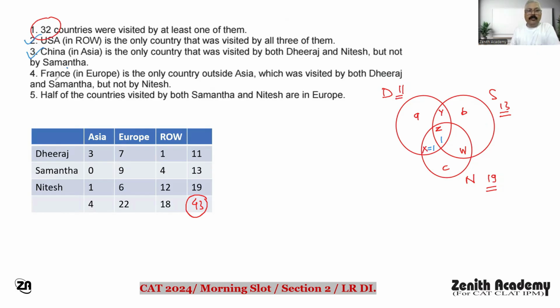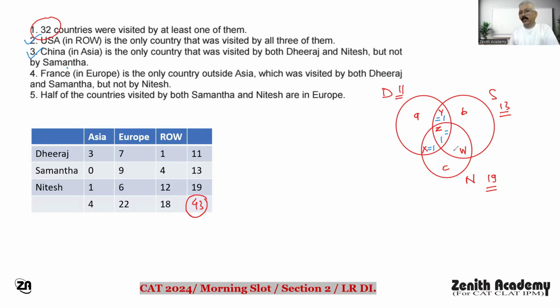Now, France in Europe is the only country outside Asia that was visited by Dheeraj and Samantha, not Nitesh. Only country France. So Y is equal to 1, and Z is equal to 1. Okay. No information about W.